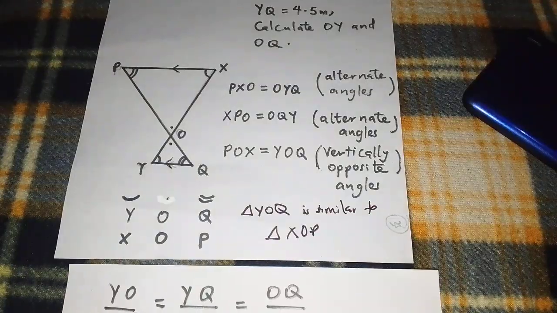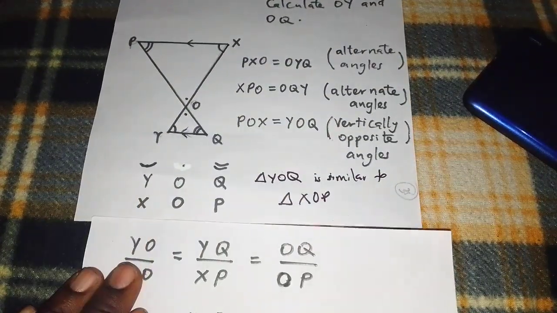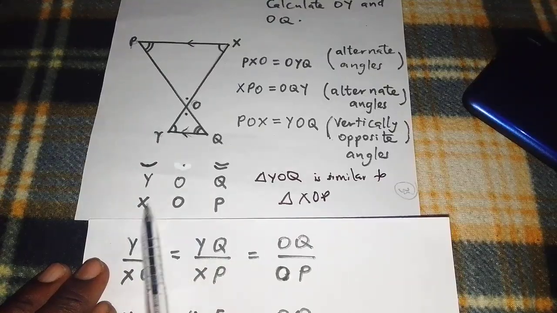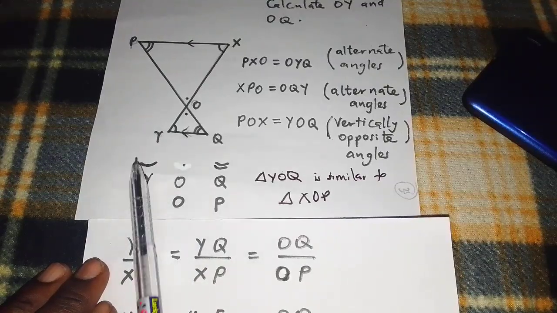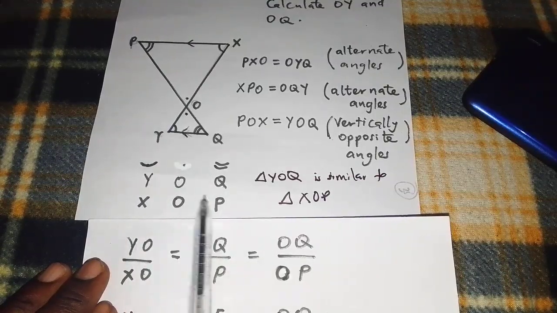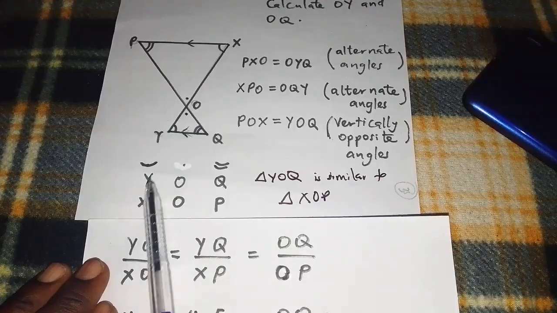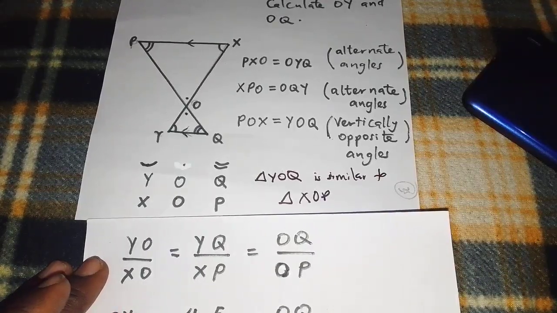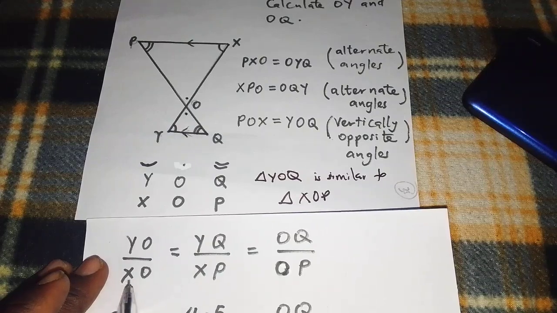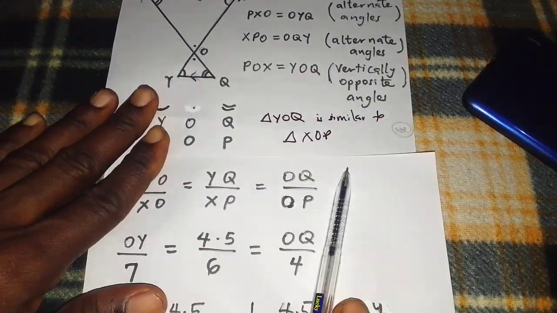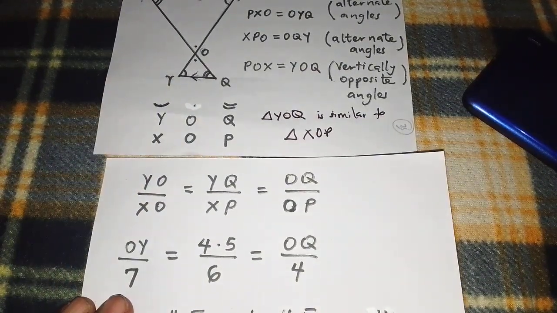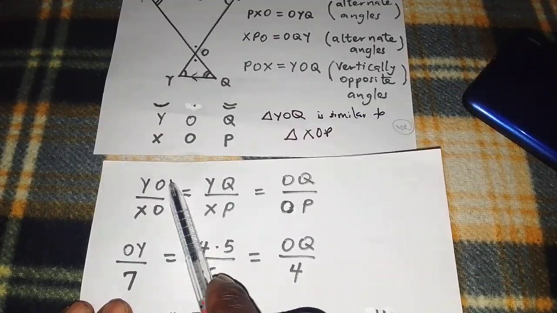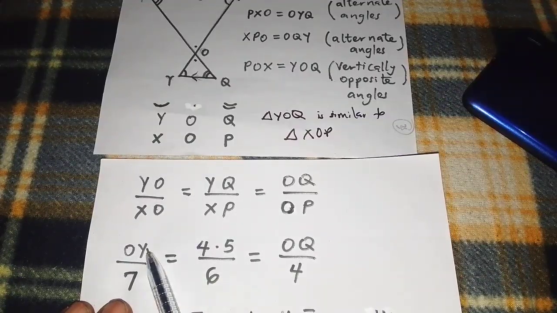So now let's try to get the ratio of these two triangles. You can say YO over XO equals YQ over XP equals OQ over OP. From there we can substitute the values. In the question we are told to look for OY, so YO and OY are the same.